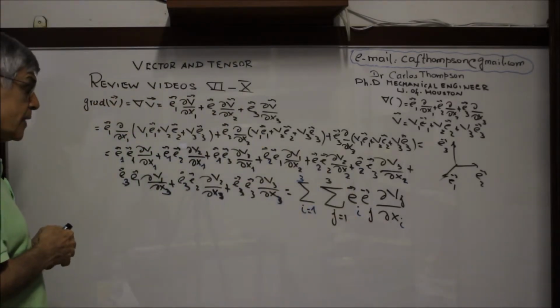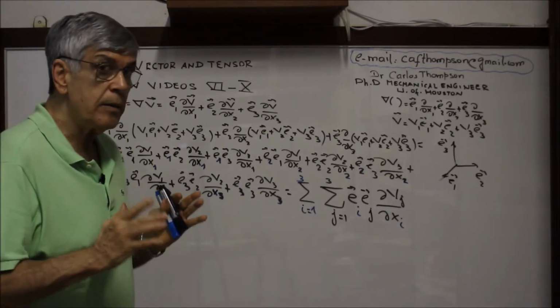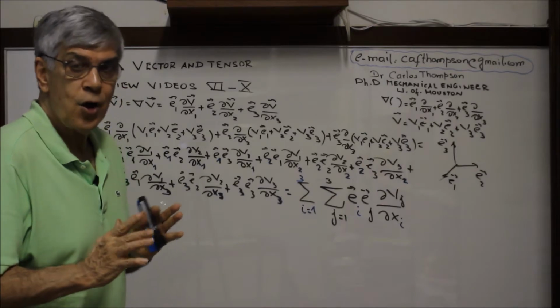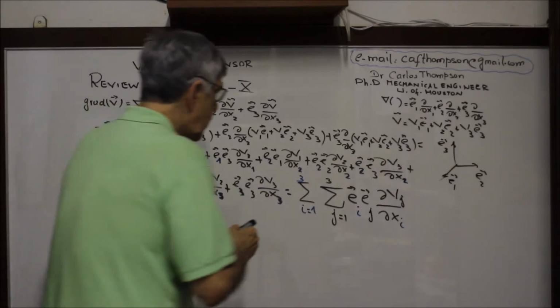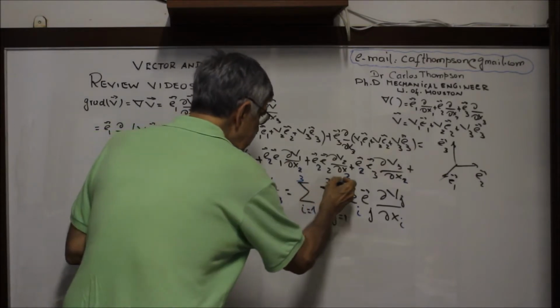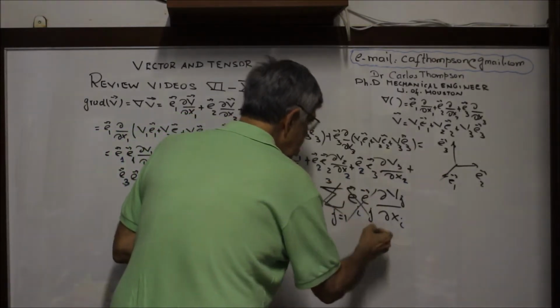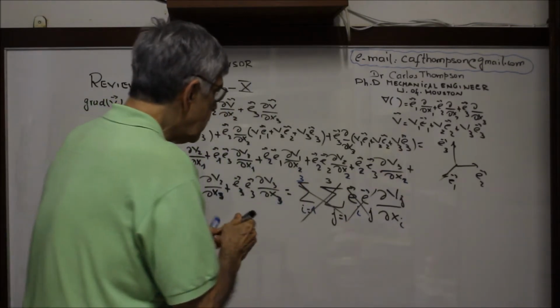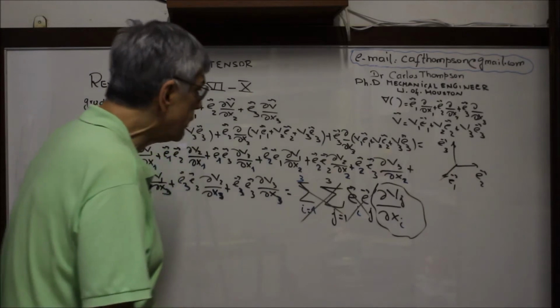Now, as we did by convention of Cartesian tensor notation, you just eliminate the summation, eliminate the unit vector, and these are the components.